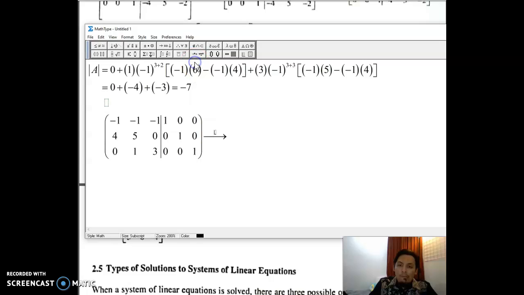We need to calculate one by one. Usually we start with the upper left hand side, where we change it into 1. After that we change all of the values below it into 0. Then we move to the next column.